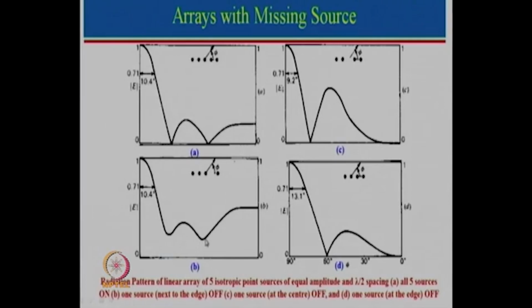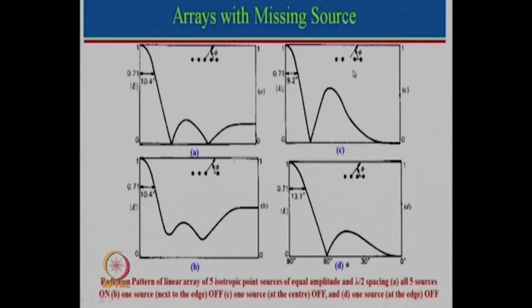So if you try to calculate directivity always using the expression D equal to 4 pi divided by theta E theta H, it is not a good idea. You should also look at what is happening to this. Compared to this pattern, the directivity here is actually higher, because unnecessarily radiation is going in the undesired direction.